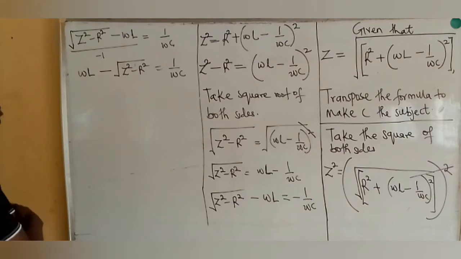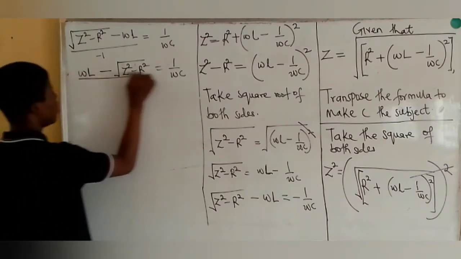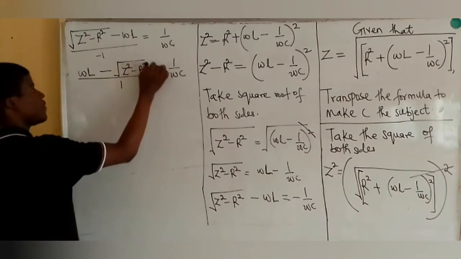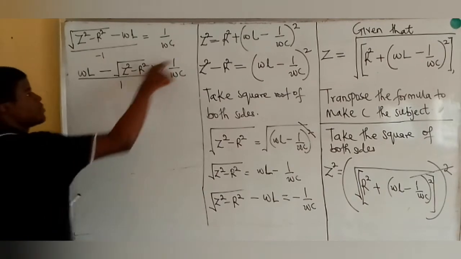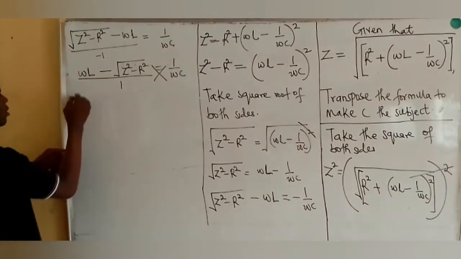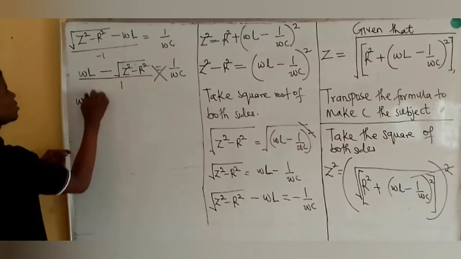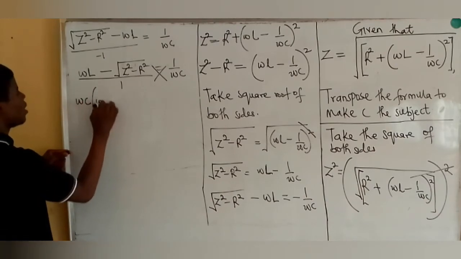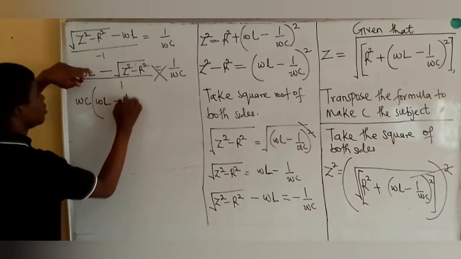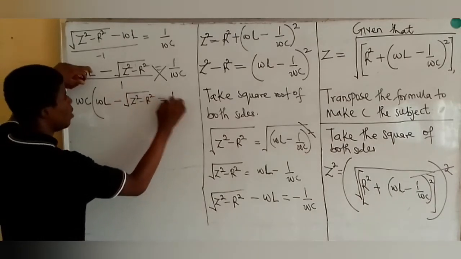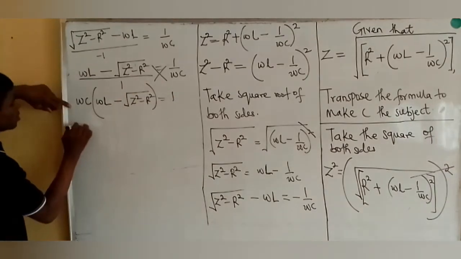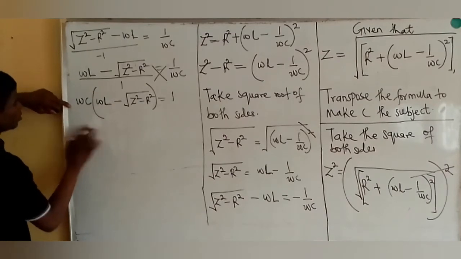What I'm going to do now is this. Omega L minus square root of Z squared minus R squared equal to 1 over omega C.